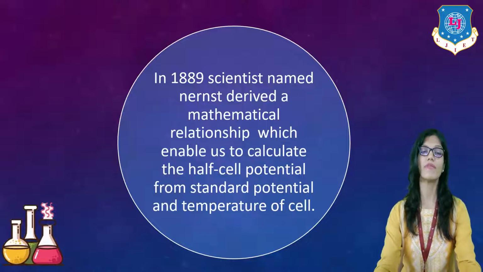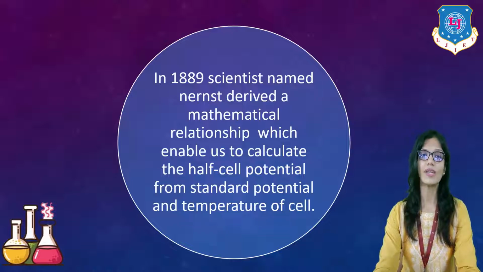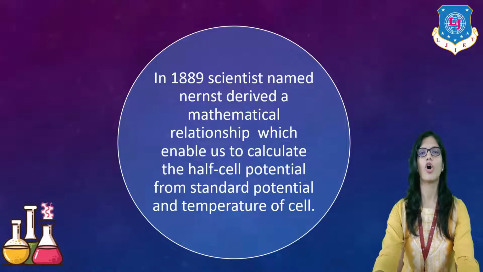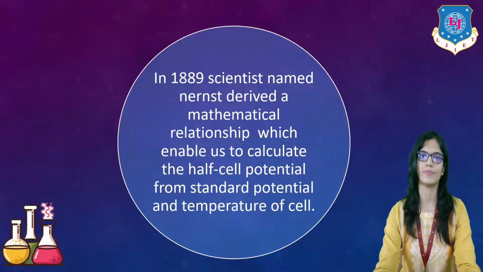So what we will require is the mathematical relationship between the standard potential and temperature of the cell, and how the half cell potential changes along with the standard potential change and temperature of a given cell.